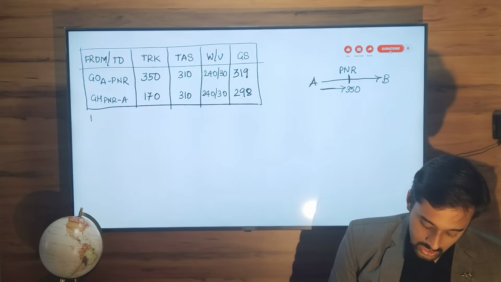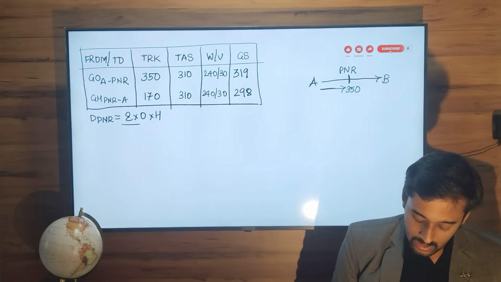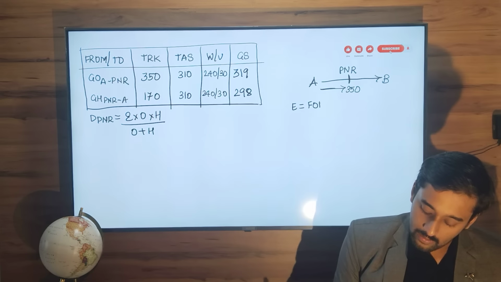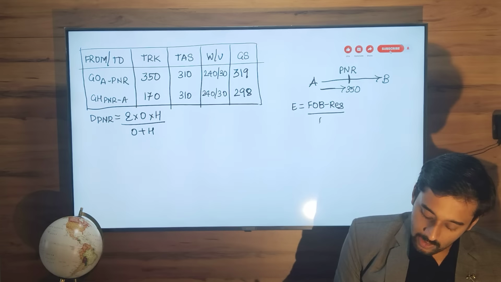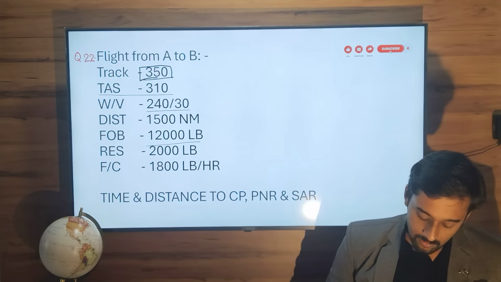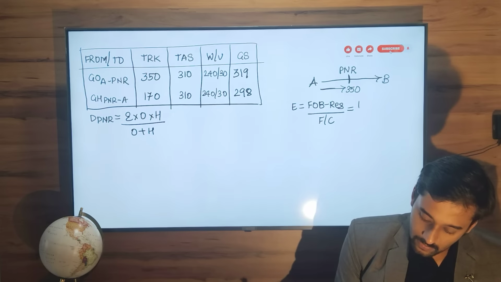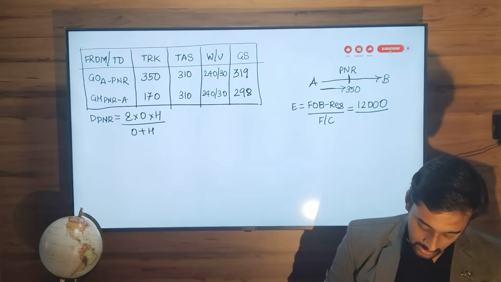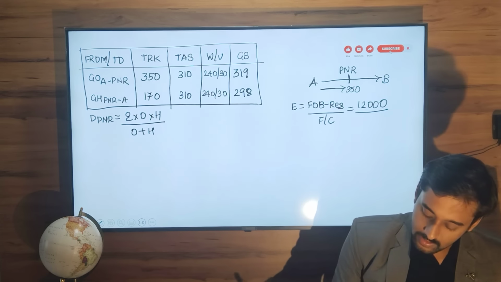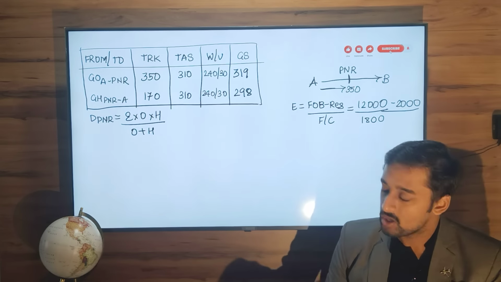So let's use the formula: distance to PNR equals endurance into outbound into homebound speed, O plus H. Now what is endurance? Fuel on board minus reserve divided by fuel consumption. Fuel on board is 12,000 pounds, fuel consumption 1,800, and reserve is 2,000.